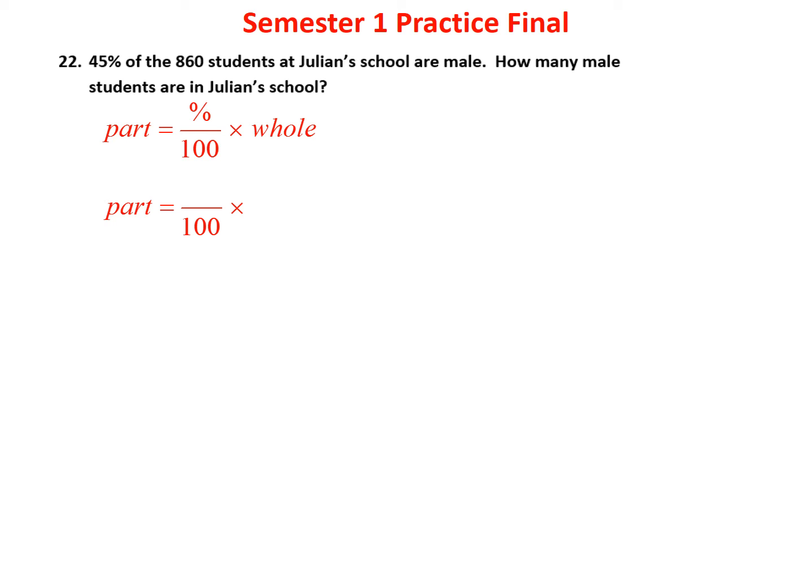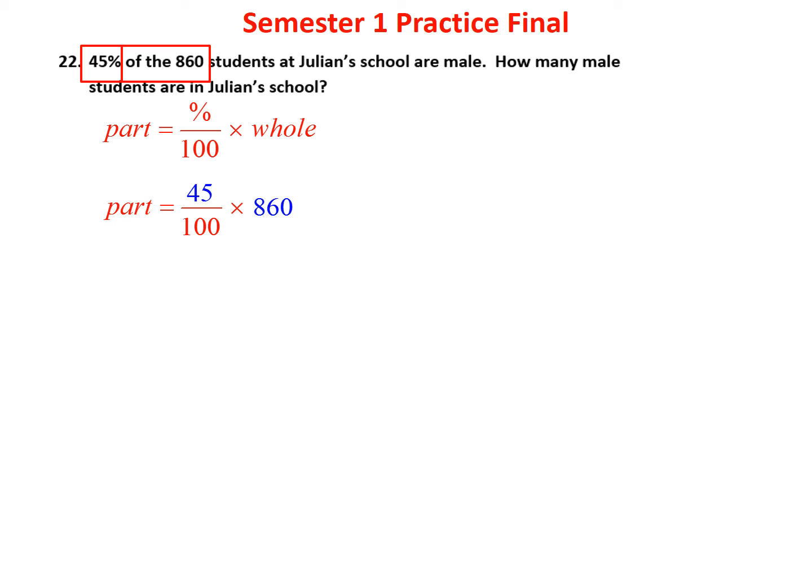In this case, first of all, we know that there are 860 students. I always tell students, when you see the "of" the 860, that's your whole. The whole number usually goes with the "of." So it's of 860. And then 45%, since we're writing it over 100, we'll drop the percent sign and put it as 45 over 100.